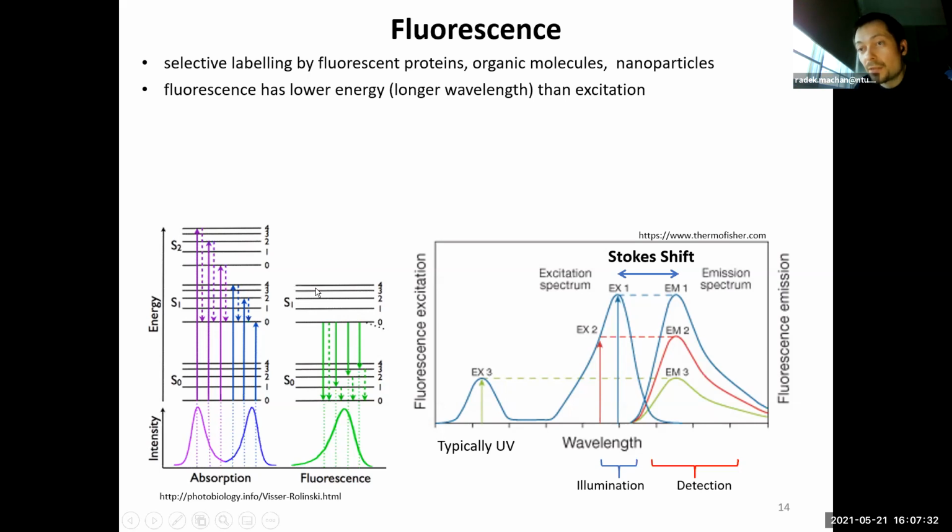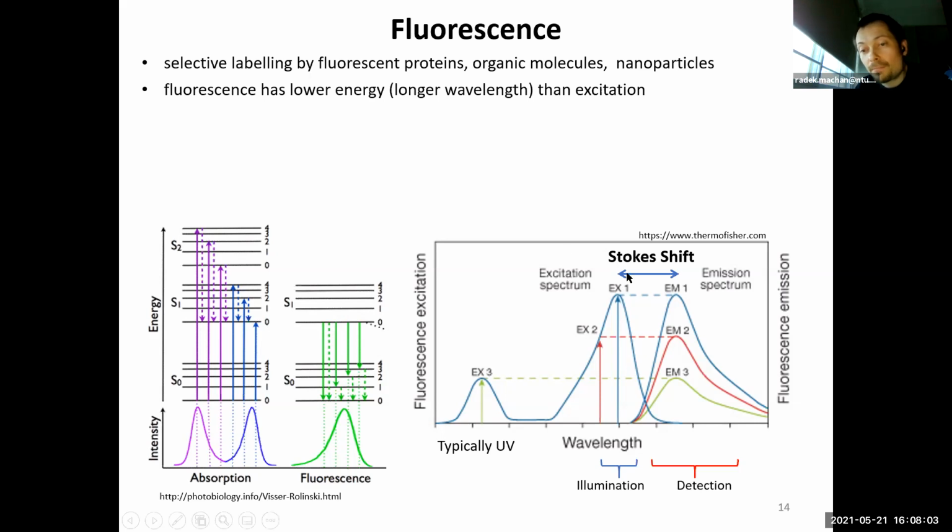It is something which is quite intuitive. It is related to the energy efficiency of the whole process. So some energy is dissipated along the way, and not all the energy is emitted back in the fluorescence photon. And the lower energy means longer wavelengths of light.